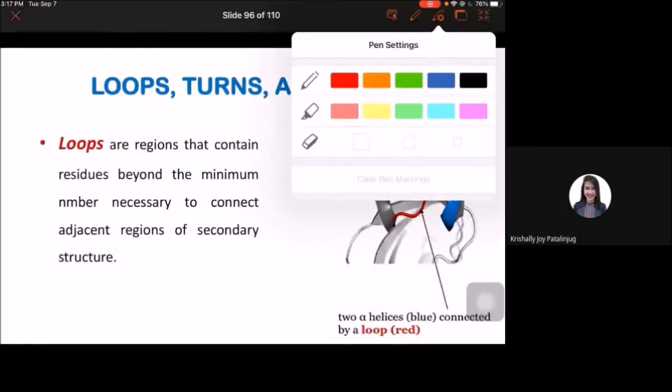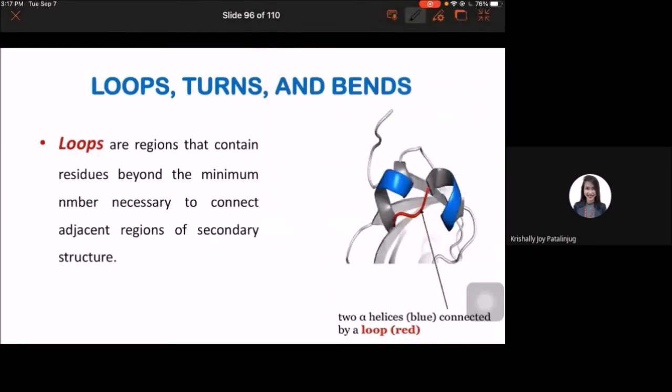So, na-discuss na natin yung dalawang klase ng secondary structure, the alpha and then the beta. Again, major types to sila ng secondary level, secondary conformation ng protein. Yung alpha is alpha helix, spiral. Yung beta pleated sheet, zigzag.